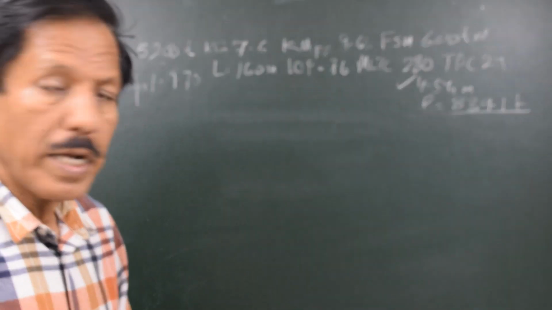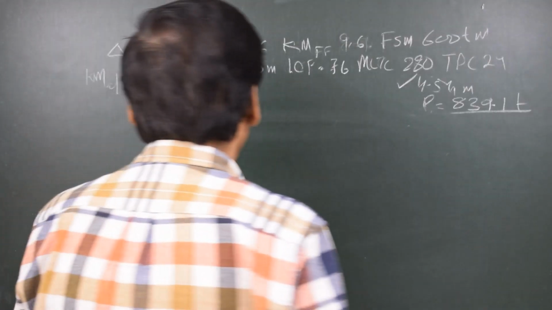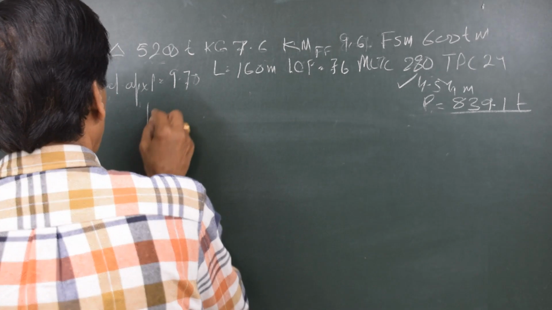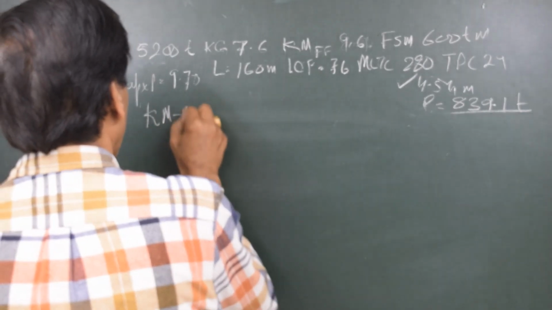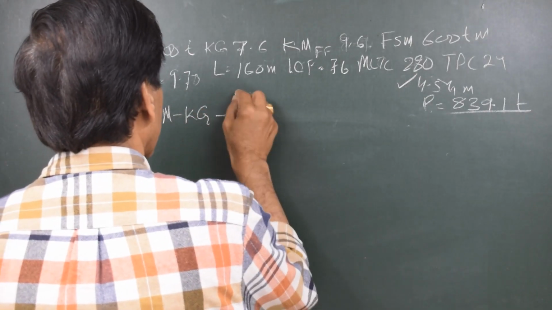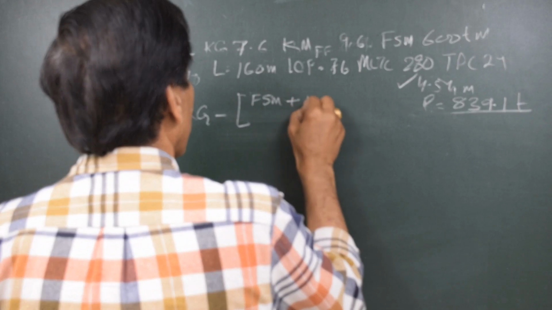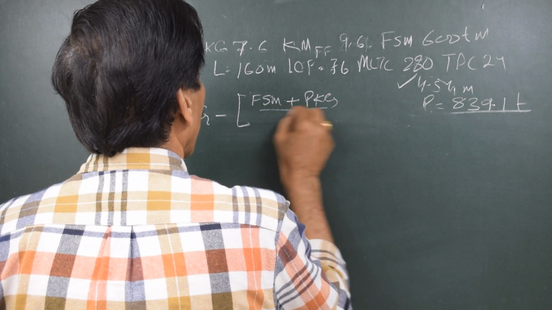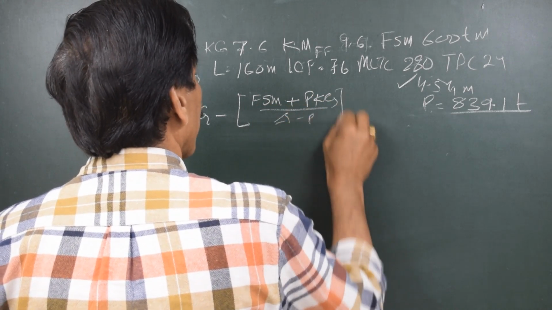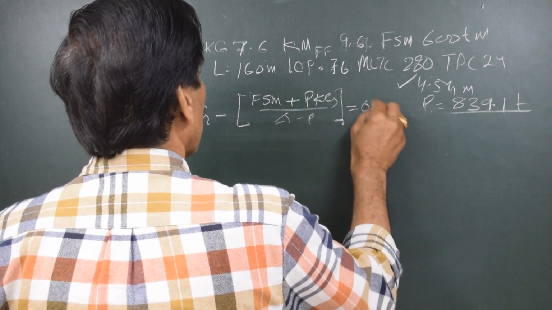So we will redo the calculation using the KM as 9.7, and in the same equation KM minus KG minus FSM plus PKG divided by delta minus P equal to 0.40.